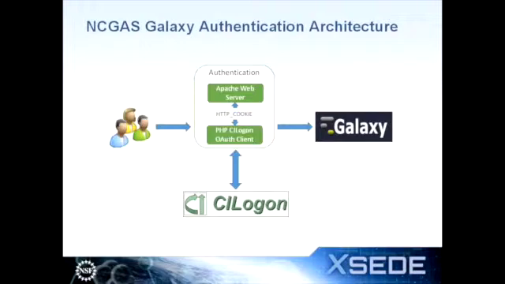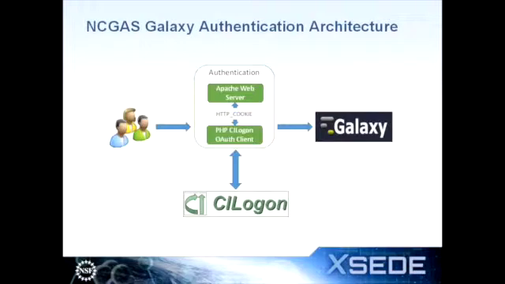Our final solution is to develop a CILogon OAuth client in PHP and come up with a set of configuration rules in both Galaxy and Apache web server to achieve the certificate delegation. This diagram depicts our Galaxy authentication architecture. When a user comes in, it talks to our PHP CILogon OAuth client, which will interact with the CILogon service.